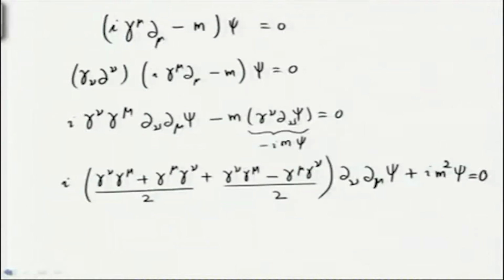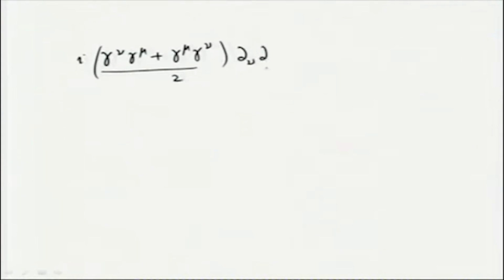So, in this expression, the Dirac equation operated on by γ^ν ∂_ν, we have i (γ^ν γ^μ + γ^μ γ^ν)/2 ∂_ν ∂_μ ψ + i m² ψ = 0.